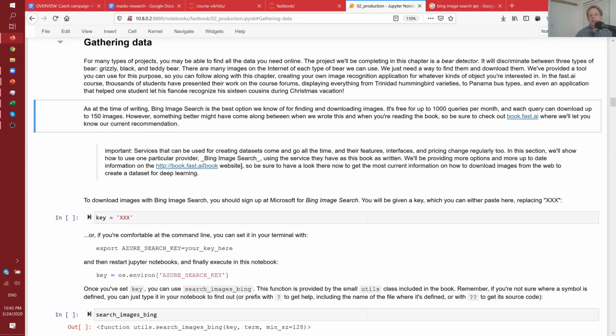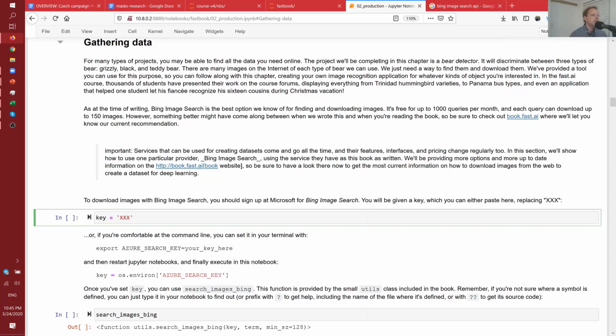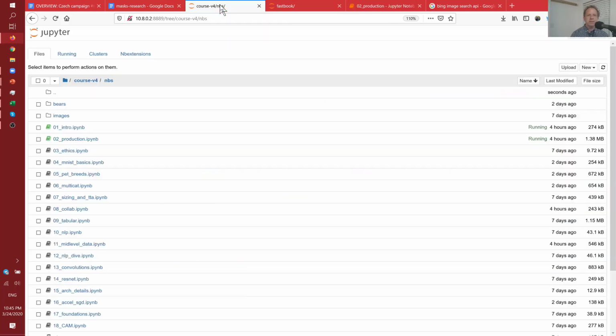So what will happen is when you sign up for Bing image search or any of these kinds of services, they'll give you an API key. So just replace the XXX here with the API key that they give you. Okay, so that's now going to be called key. In fact, let's do it over here.